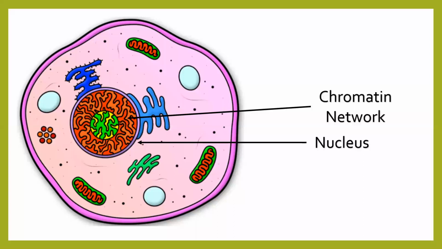Okay, and when the cell is at rest, उस टाइम पे inside the nucleus ये जो थ्रेड लाइक मटेरियल है जो ऐसे टैंगल्ड स्कैटर्ड दिखेगा, उस मटेरियल को वी विल बी कॉलिंग इट एज क्रोमैटिन नेटवर्क. In different parts of the textbook, it will also be referred to as chromatin material.